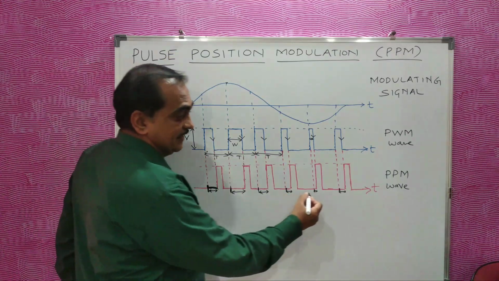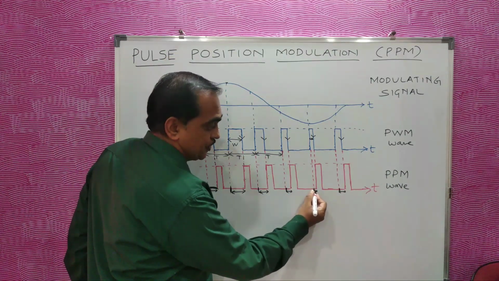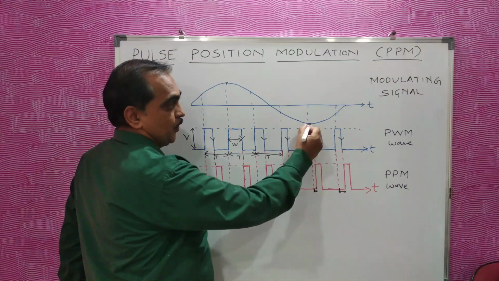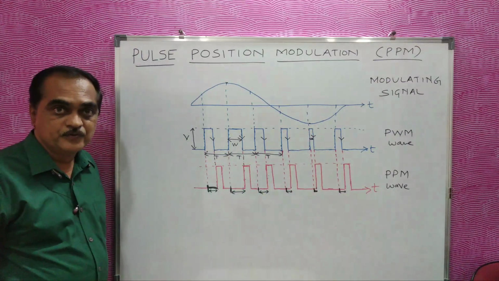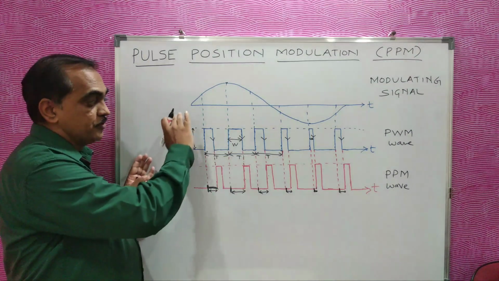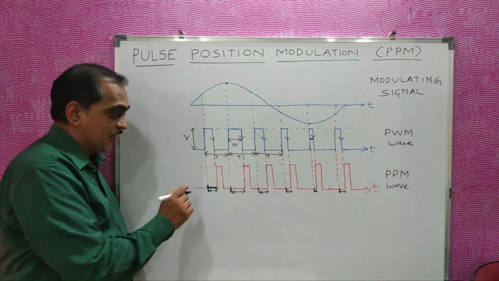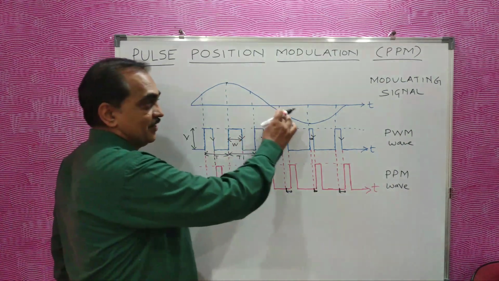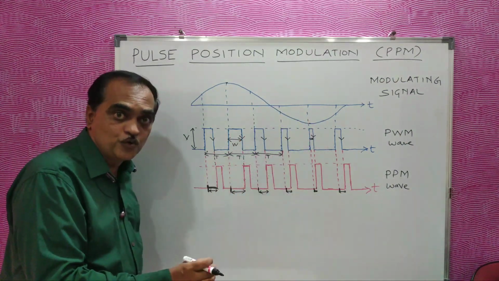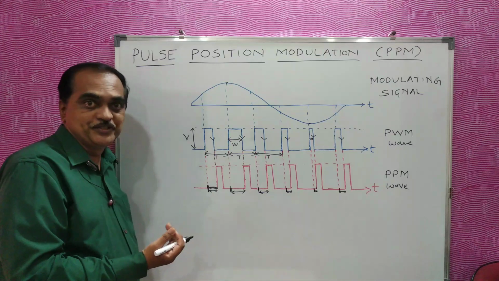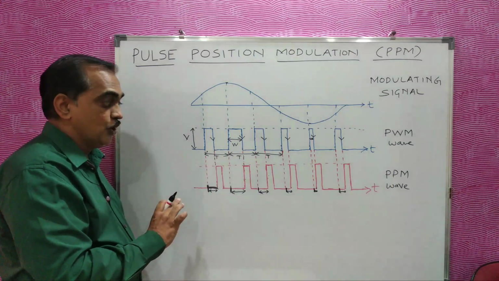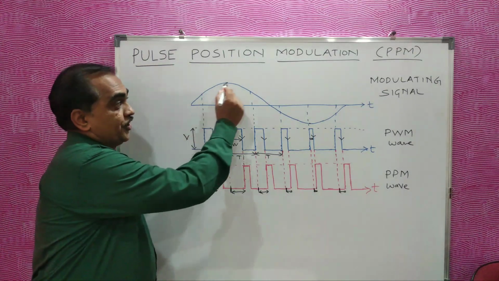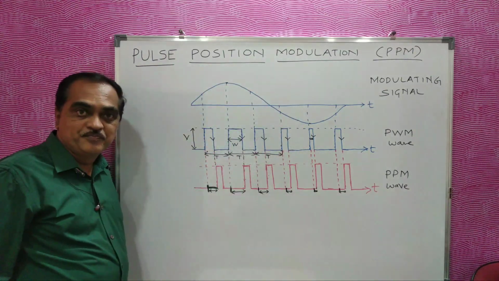Similarly, that distance becomes less when the signal is more negative. That means when the signal is going positive, the pulse will go ahead from the actual original point, and when the signal is going negative, the pulse will come nearer to it. So that is how the position of the pulses varies as your information signal varies.